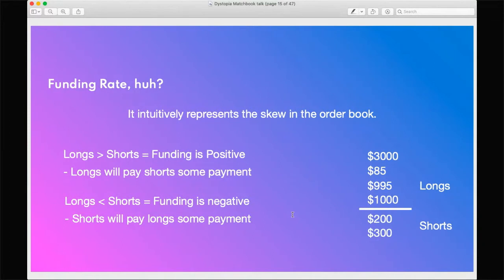Also, if you're wondering, long and short is just a fancy way of saying I've bought, which is long, and I've sold, which is short. So if there are more longs and fewer shorts, there's a skew in the order book. In that case, the funding is positive, in which case longs will be paying shorts. And if it's the opposite side, then shorts end up paying longs.